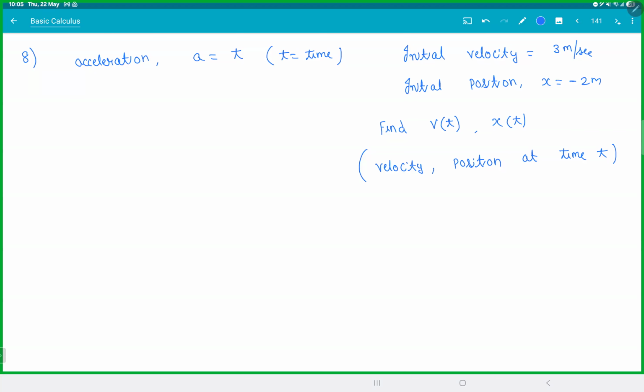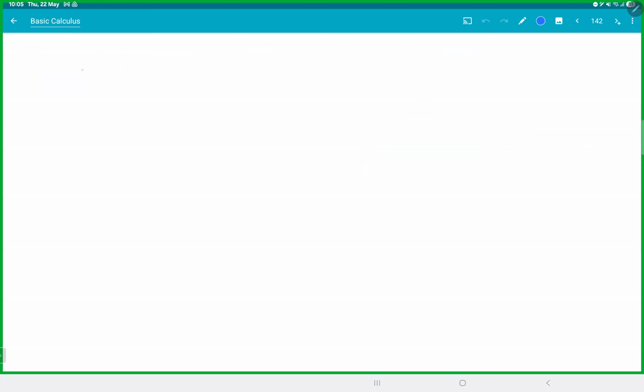Let's see. Check it out. Same steps. A is equal to t. Acceleration is dv by dt. Send dt that side. Integrate on both sides.